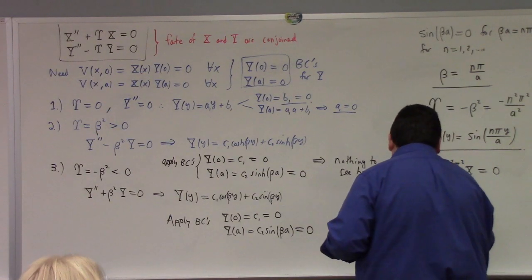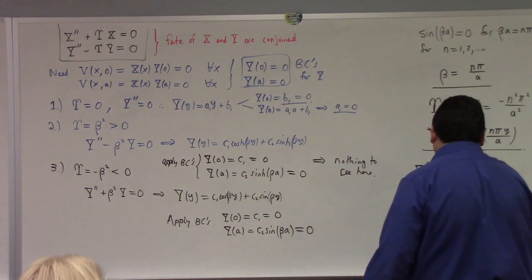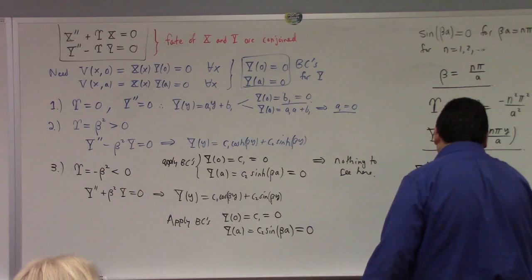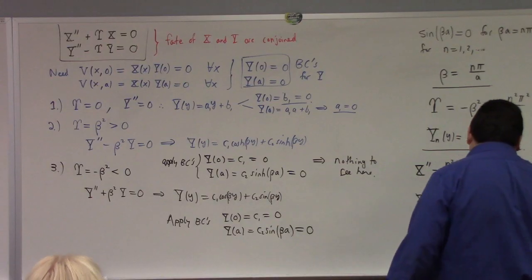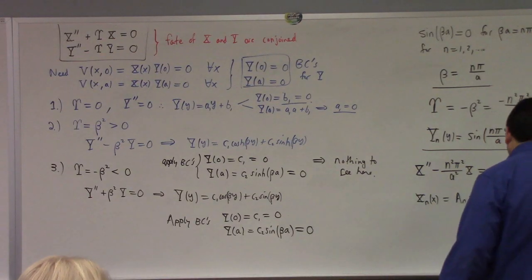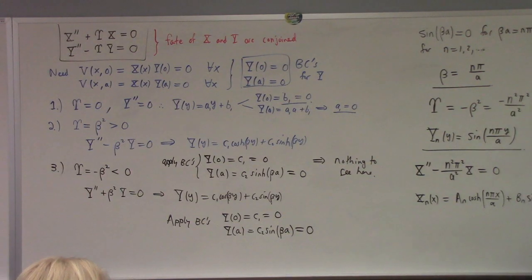Well, that has solutions. X_n of x equals, let's say, a sub n cosh of n pi x over a plus b sub n sinh of n pi x over a, because this is the lambda equals plus or minus n pi over a characteristic values. So it gives us cosh and sinh solutions.